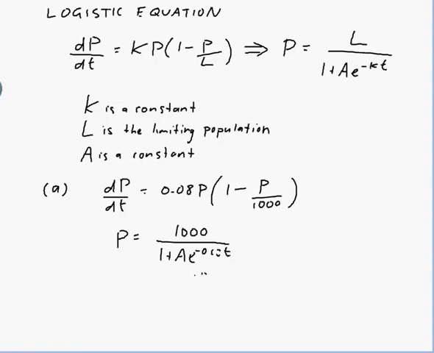And I just need to figure out what A is, but I can figure that out because I know what P(0) is. So P(0) = 1,000/(1 + Ae^(−0.08×0)), and that comes out to 100.